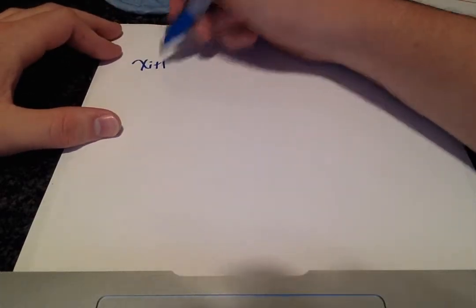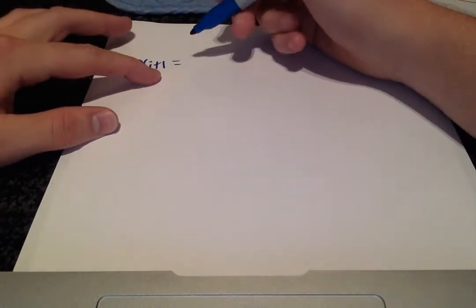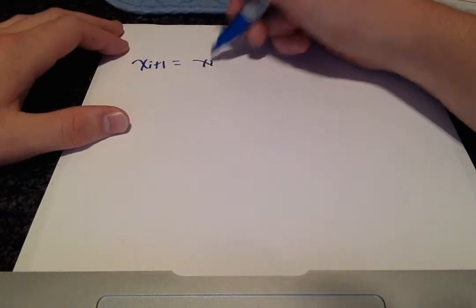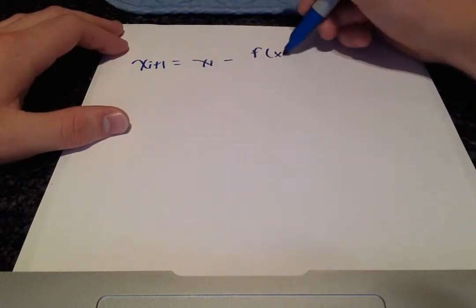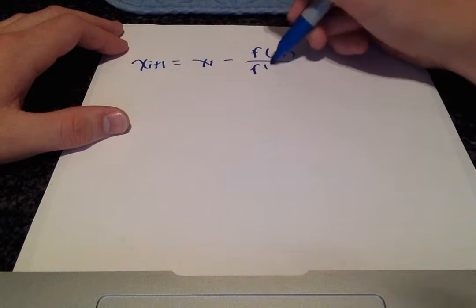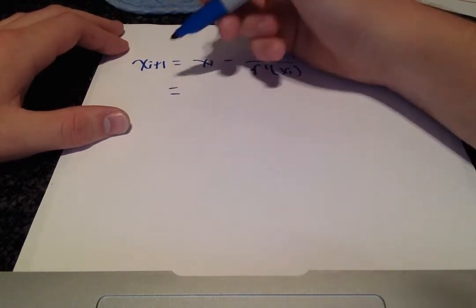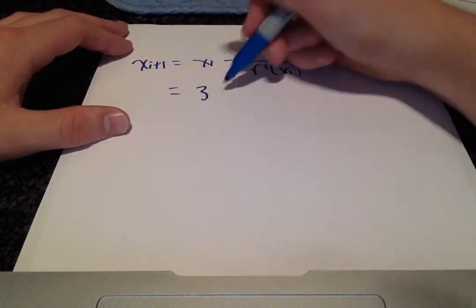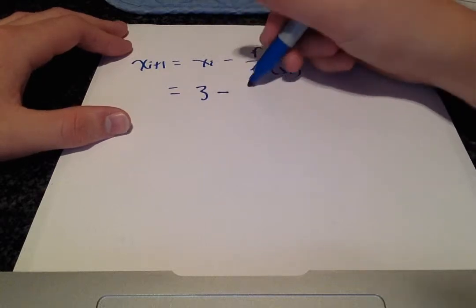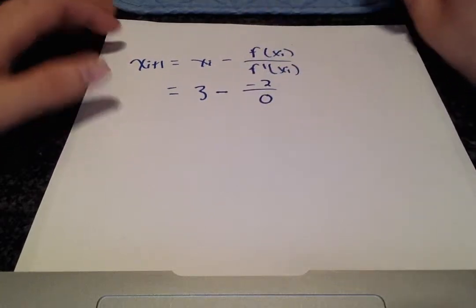The equation to calculate the new approximation is x sub i plus 1 equals x sub i minus f of x sub i over f prime of x sub i. And plugging in our values, we have 3 minus negative 2 over 0.